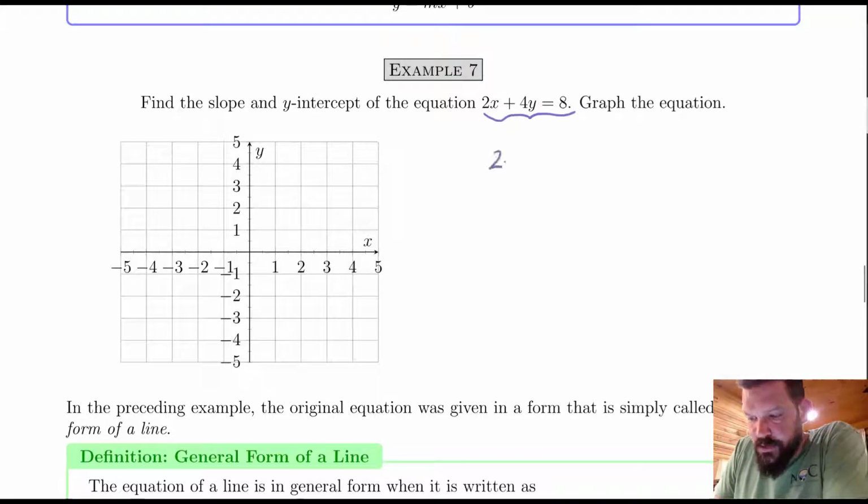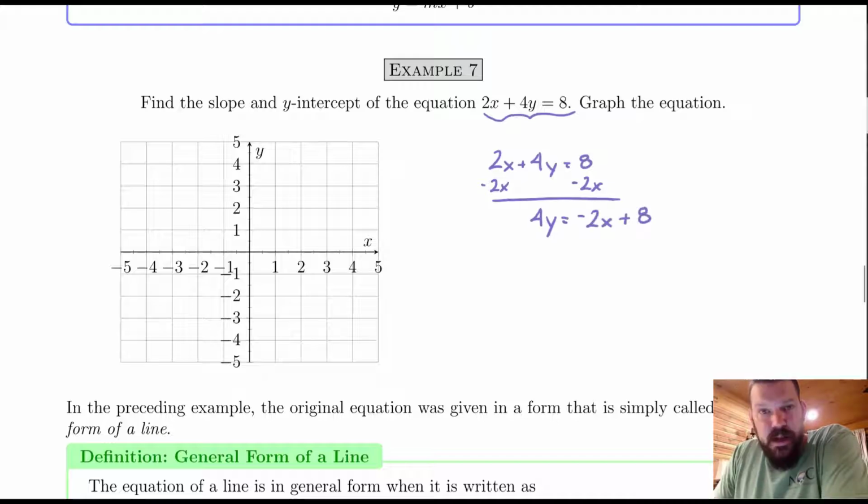So if we take the 2x plus 4y equals 8, and we'll get it into slope-intercept form, the first thing we do is subtract the 2x from both sides. And that gives us 4y is equal to -2x plus 8. And then I divide everything by 4, which gives me -1/2 x plus 2.